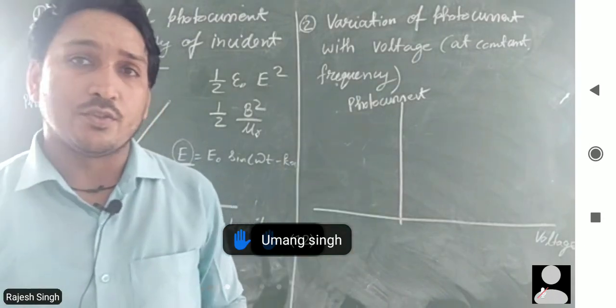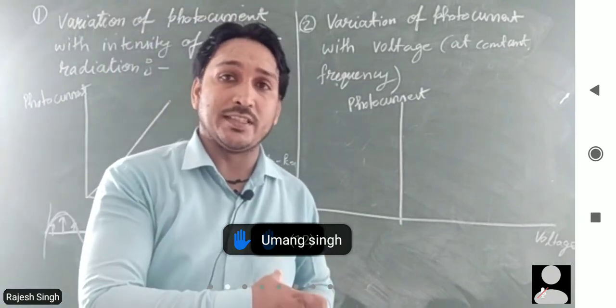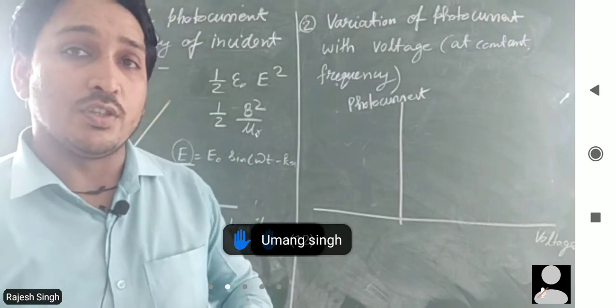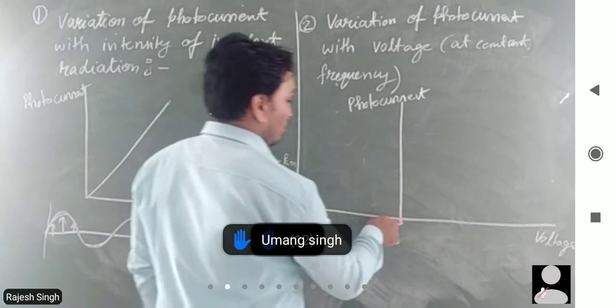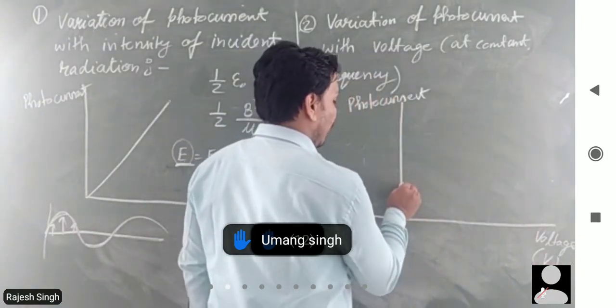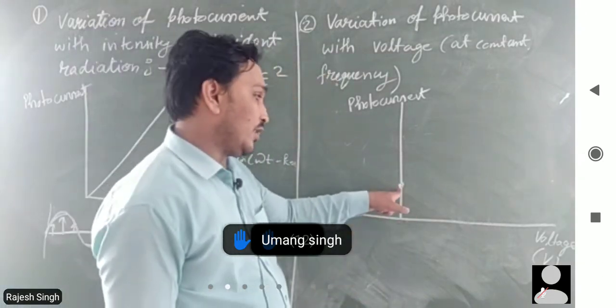And why is it so? Because light falling on the zinc plate is emitting electrons, and those electrons constitute current. So when the voltage V is zero, there is still some amount of current.